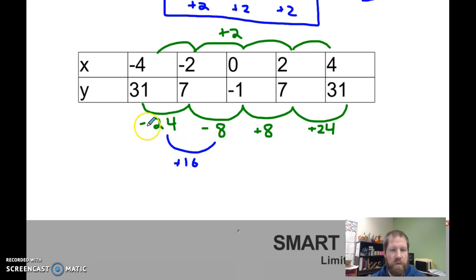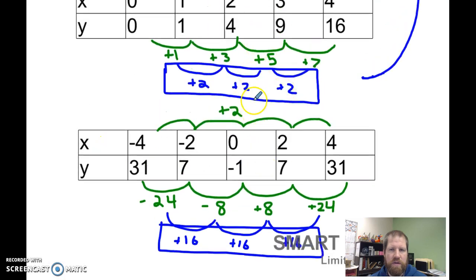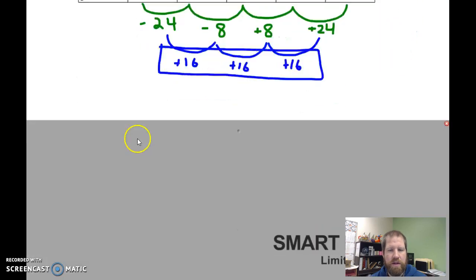All right, because I go from a smaller number to a larger number, even though it's still negative. And then -8 to +8, that's going to be an increase of 16. And +8 to +24, that's going to be an increase of 16. Okay, so my second differences are the same, and this is going to be a quadratic equation. All right, so both of these ones were quadratic equations.